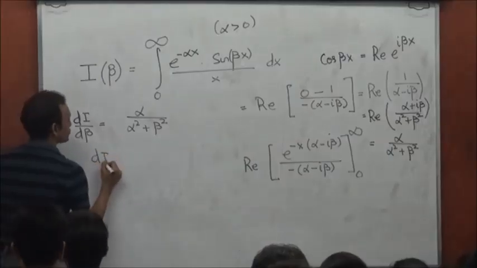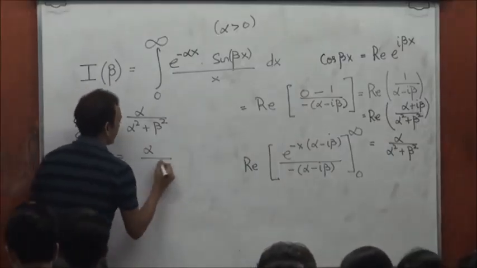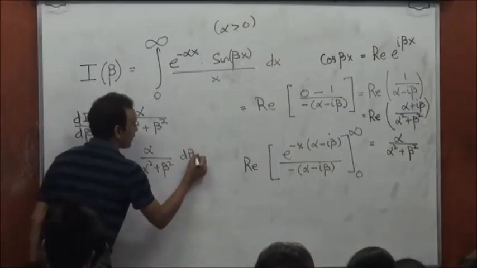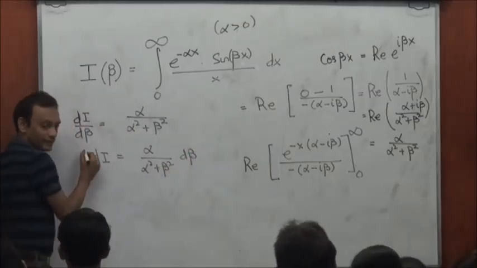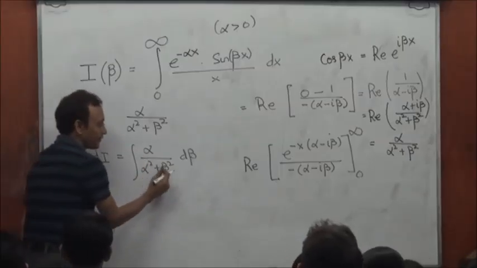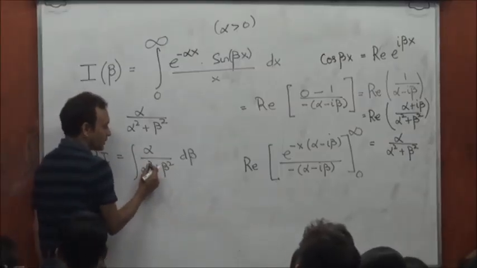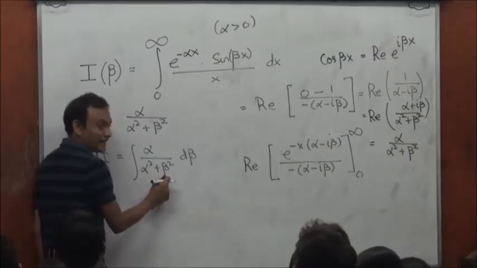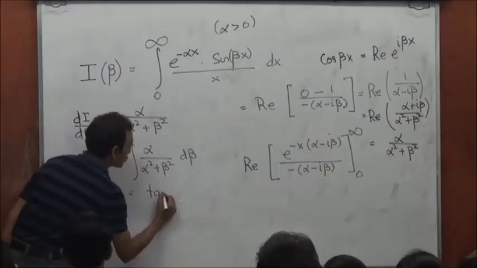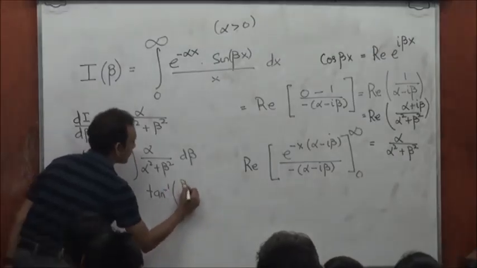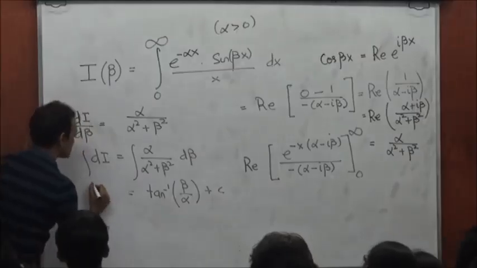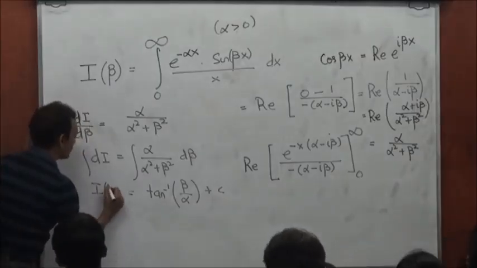Then I turns out to be the integral of alpha by alpha squared plus beta squared d beta, right? Integrate. When I integrate this, alpha comes out, 1 by alpha tan inverse beta by alpha. So this is simply tan inverse beta by alpha plus a constant of integration, plus c. That's the I, a function of beta.